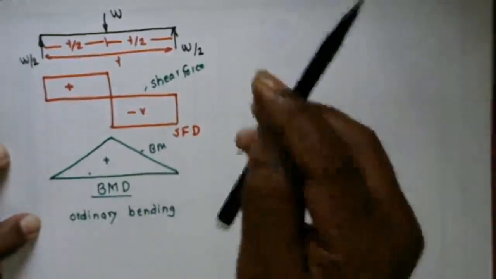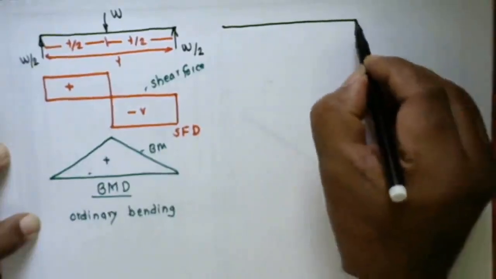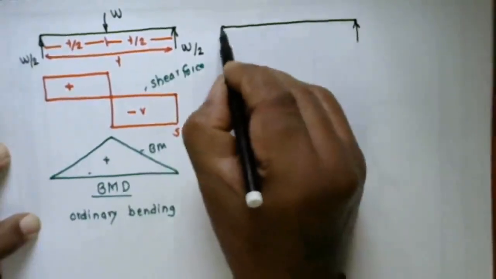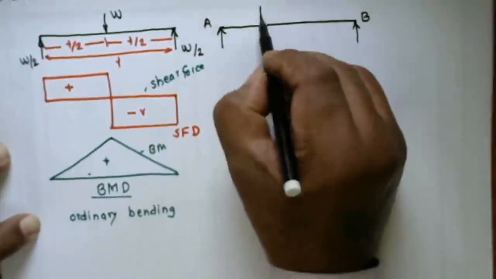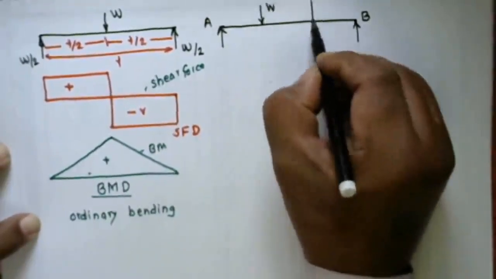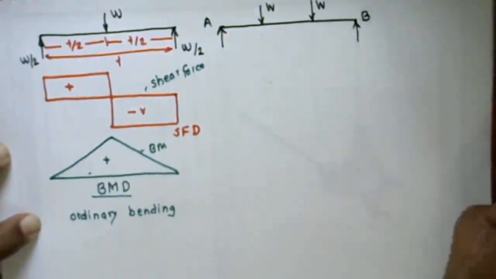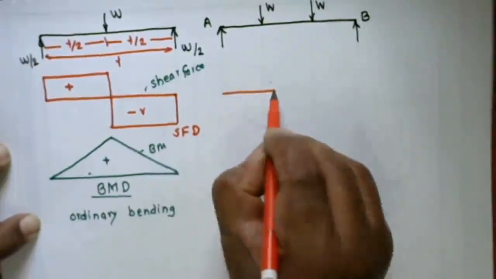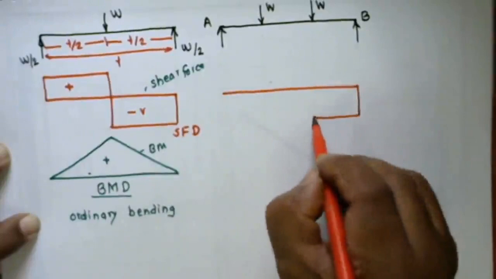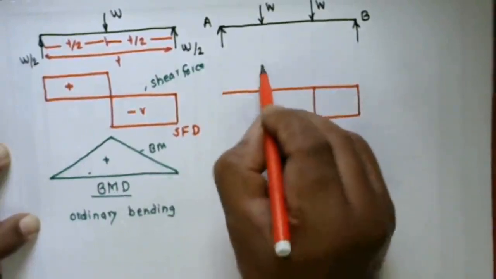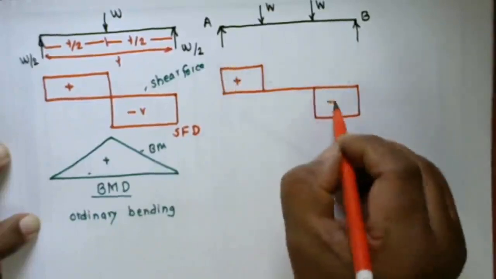Whereas if we consider another case, here also a simply supported beam with points A and B, and a load W acting on the beam section. In that case also, if we draw the shear force diagram, it will be W here and W here, this positive shear force, this negative.